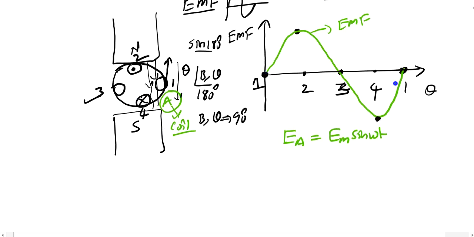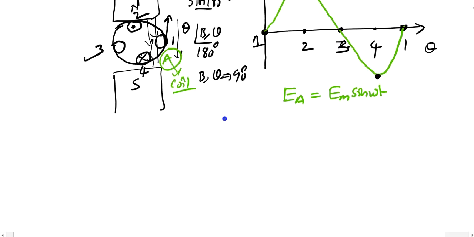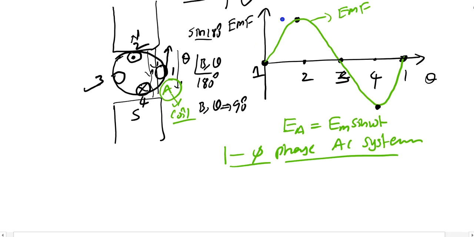So you can say it is a single phase AC system, which has a single coil. If you place it in the rotor and do the generating machine operation, it is going to produce a single phase AC system.